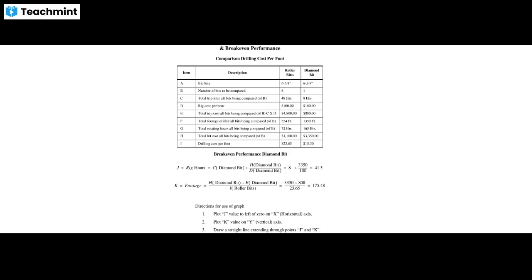Now plot the J value, then plot the K value, then draw a straight line extending through the points J and K. Then the footage combination of this break-even point and any point above the line extending through J and K indicates a cheaper cost per foot. Any point below the line indicates higher cost per foot for the diamond bit. So this is the analysis of roller cone bit and diamond bit.